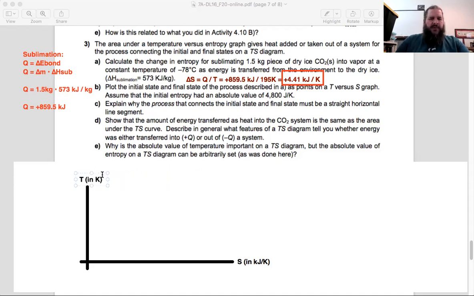So what we would do here is mark the initial and final situations. And note that during this process, what's not changing? Yeah, the temperature is not changing. Since entropy is increasing, our initial value is going to be low entropy and our final value is going to be higher entropy. But it's all going to take place at the same temperature.